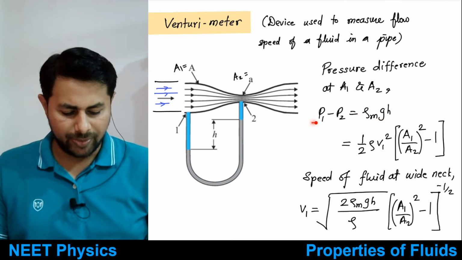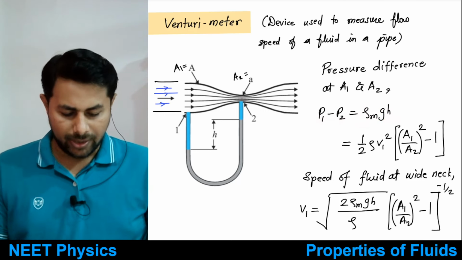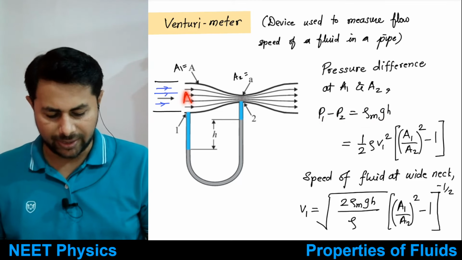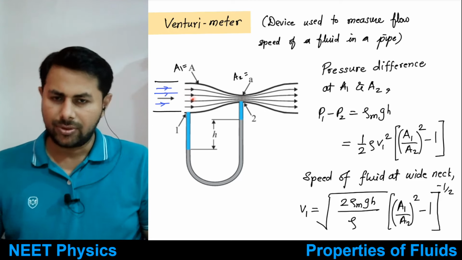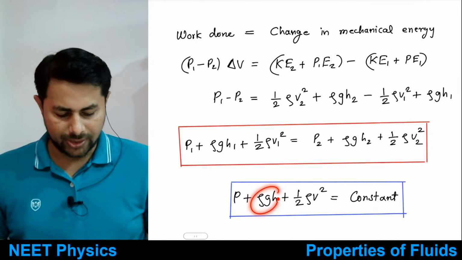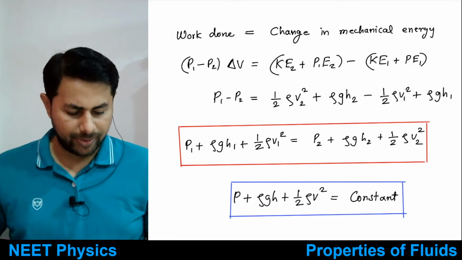So then you get P1 minus P2 is equal to rho m into g h. And sorry, the height at this point is equal to the height at this point. There is no difference in height, so we can neglect this one term, the rho g h term in Bernoulli's theorem or Bernoulli's principle.